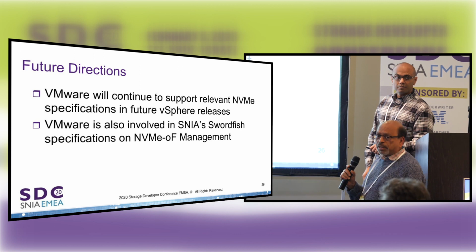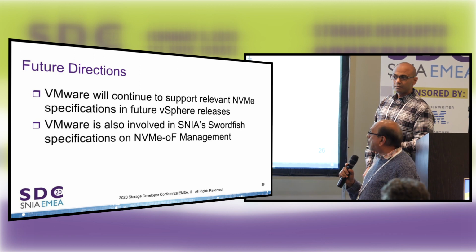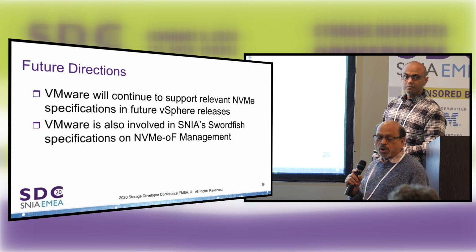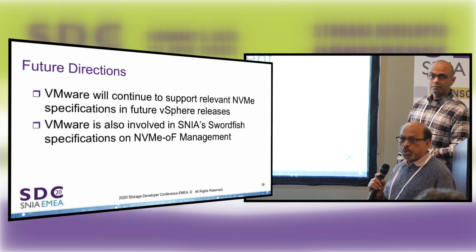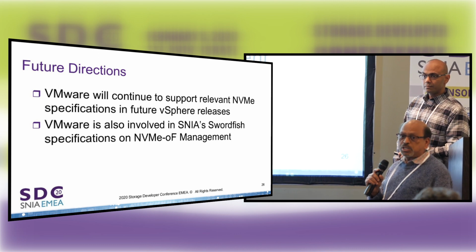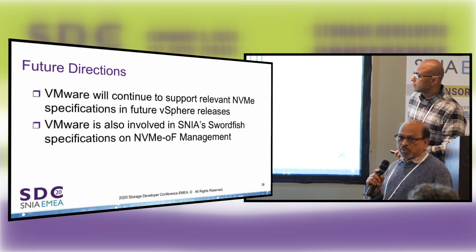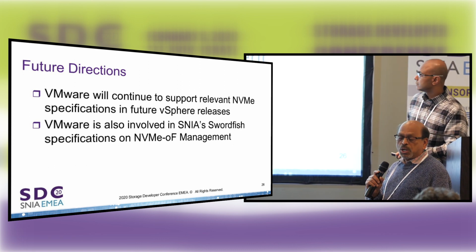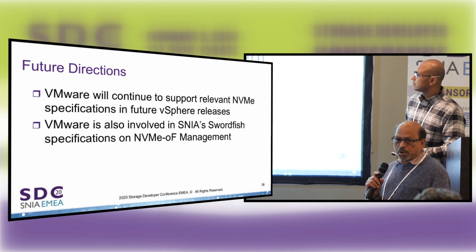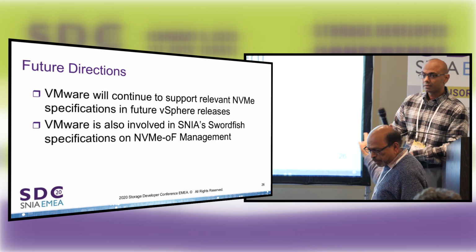Also, we are involved in the SNIA management effort to standardize the JBOF management that's going on in the Swordfish group, and I'm part of that group myself. These are the future directions, and I can't announce dates, but in the next offering of vSphere, which is right around the corner, you can expect both Fibre Channel and RoCE support, and in future releases, maybe TCP.